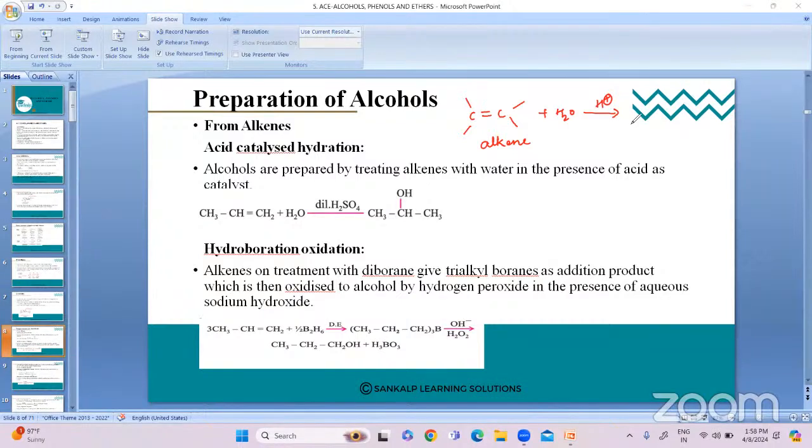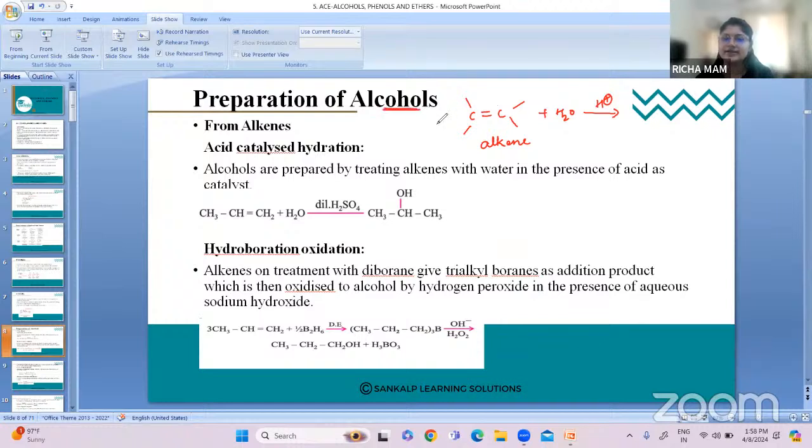Alkane? How alkane? We are preparing alcohol, not alkanes. Just now I told you, water is added across the double bond. Here you have a symmetrical alkene, so the number of carbon atoms on either side is the same.